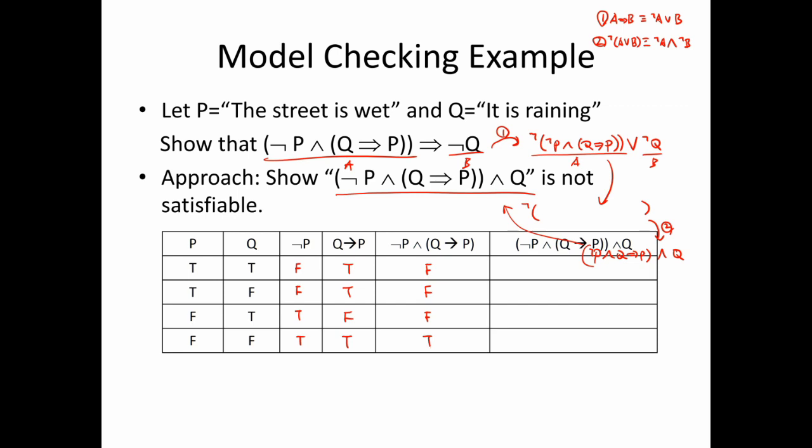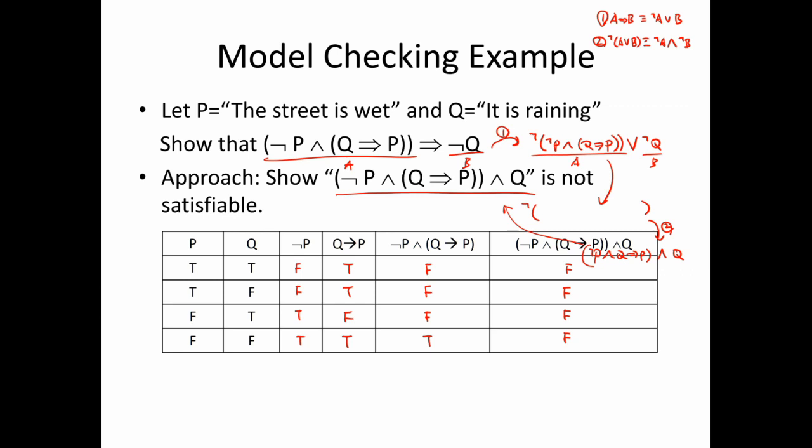And then the last column, which is actually what we're trying to show that is not satisfiable. It has to be the case where the second to last column and Q both have to be true, but there's no such world. So we have shown that the negation of the sentence that we're trying to show is not satisfiable. So this is how model checking works.